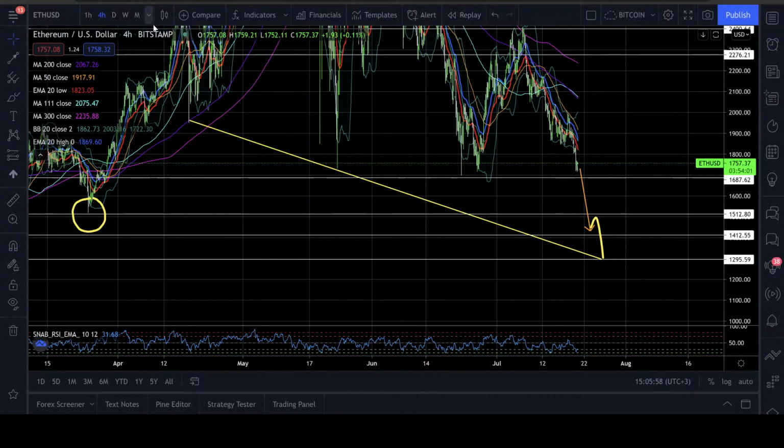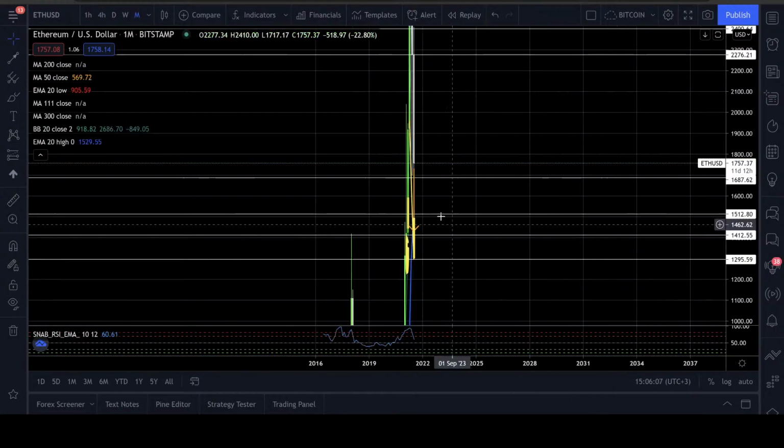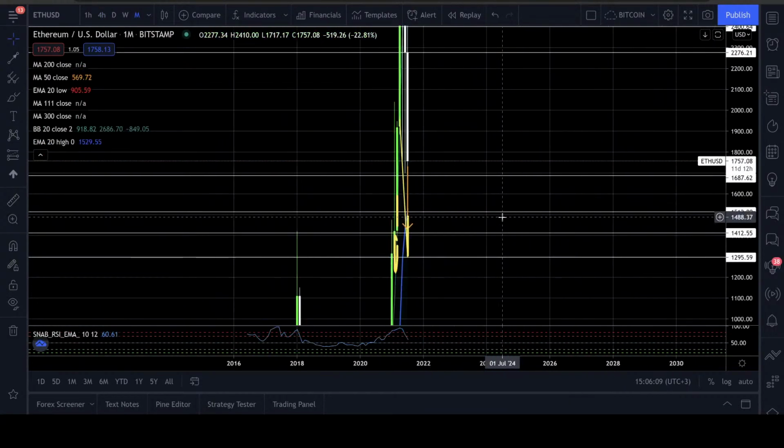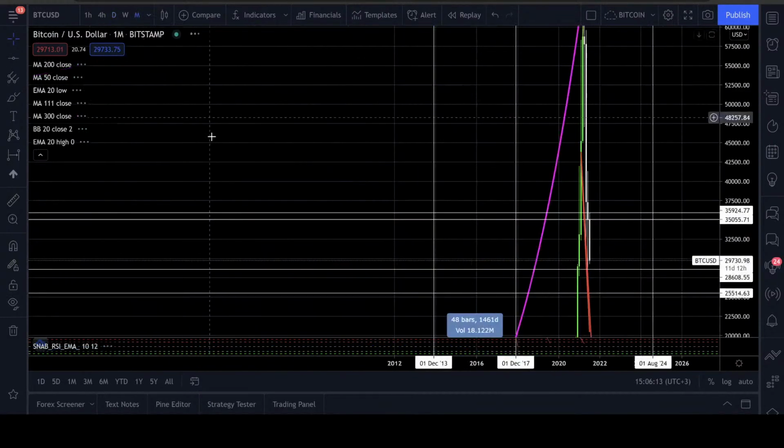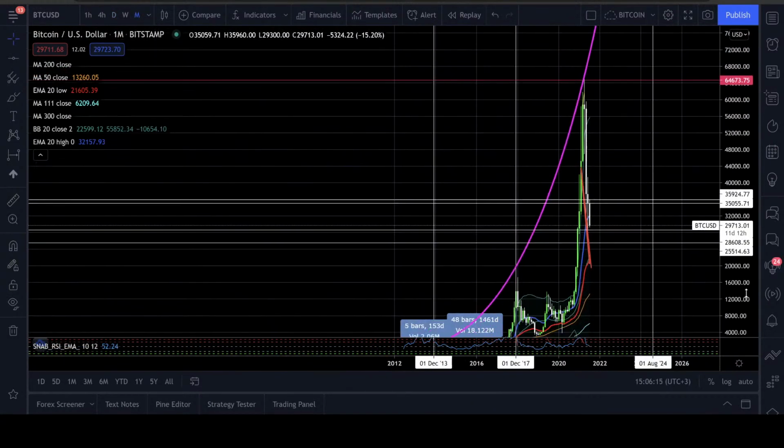Let's have a look at how accurate this is, and why the monthly close is important. Let's look at the Bitcoin monthly chart for 2018.